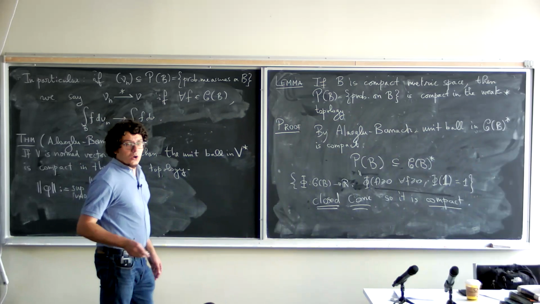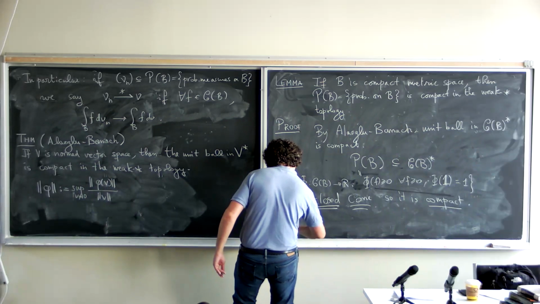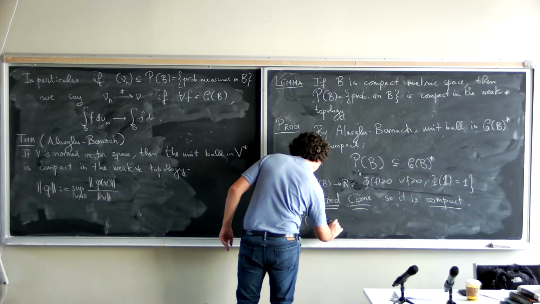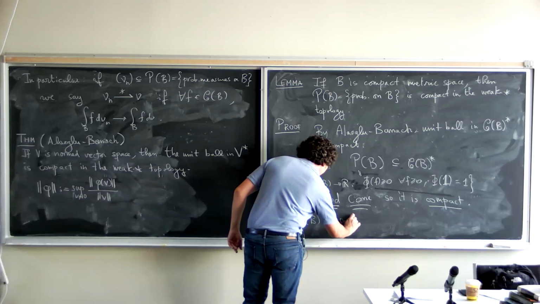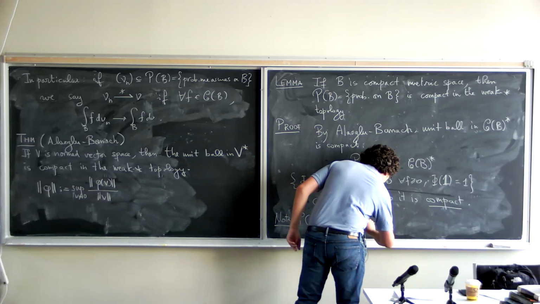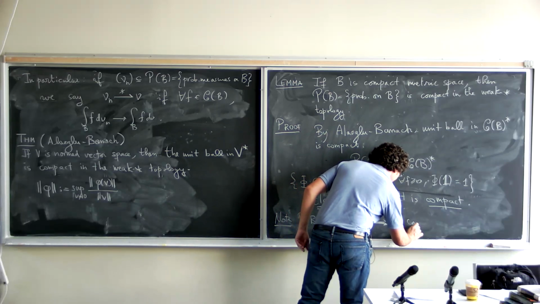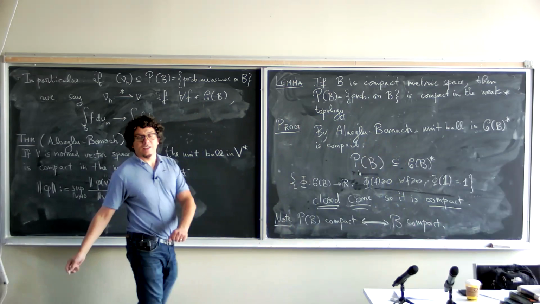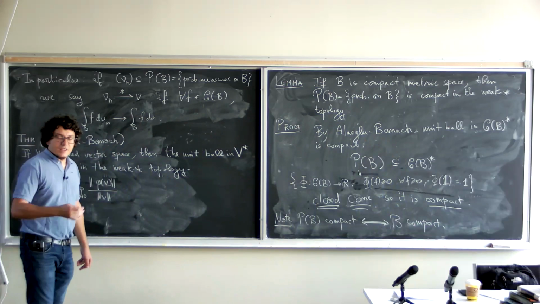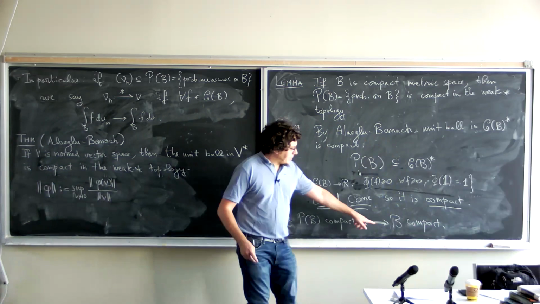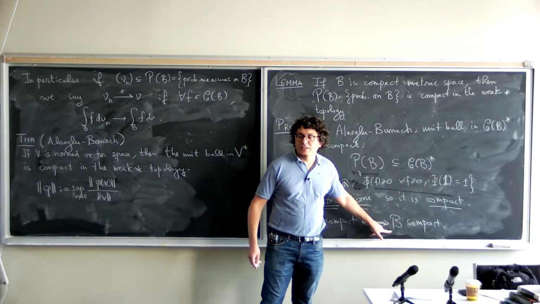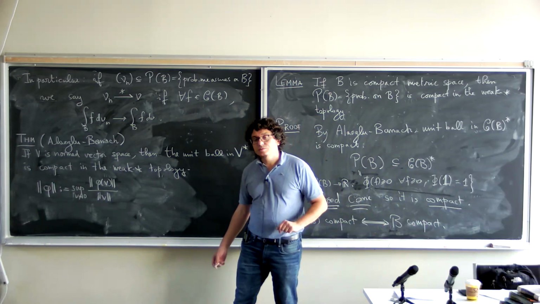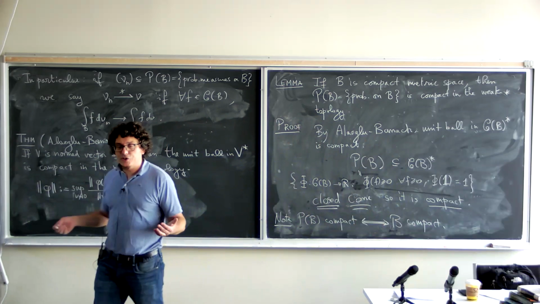Note the following: in fact, P(B) is compact, if B is a metric space, if and only if B is compact. Because suppose you have a space which is non-compact, how do you produce a sequence of measures that does not converge?